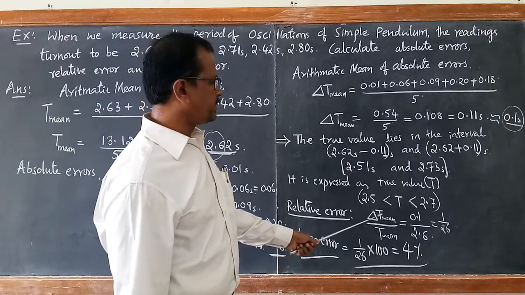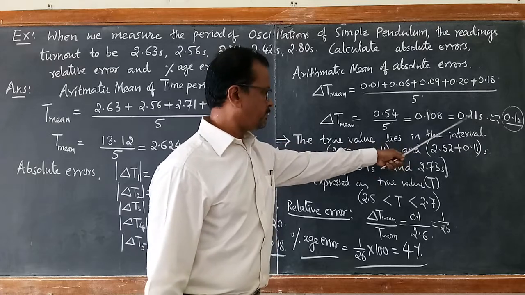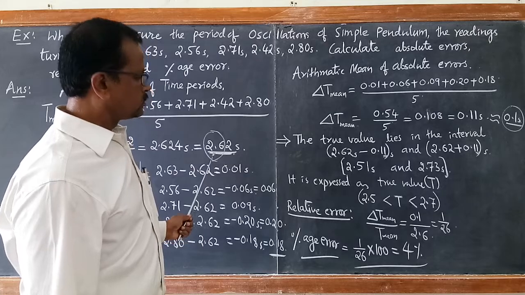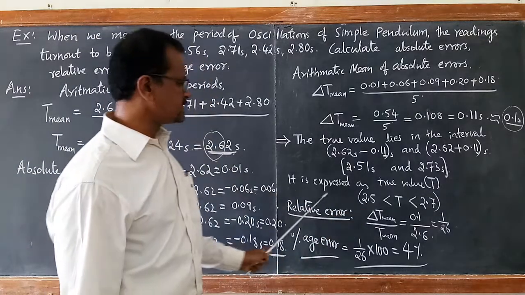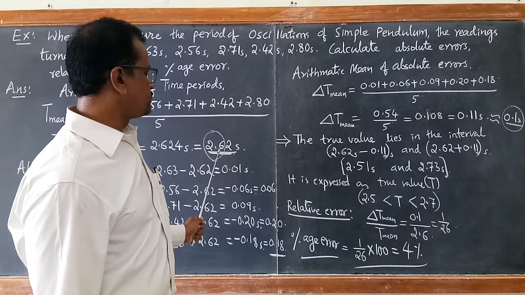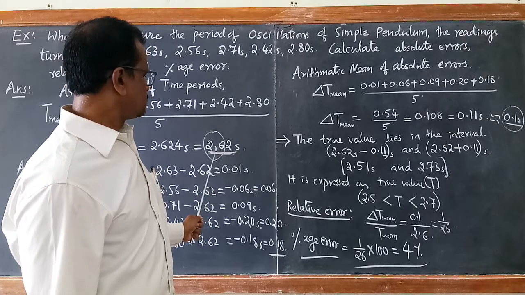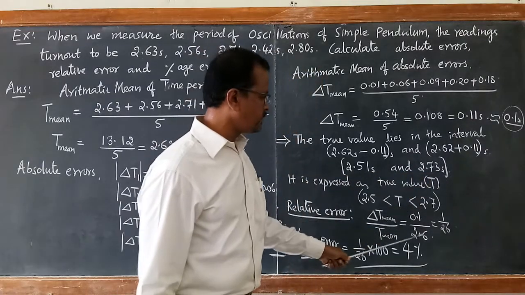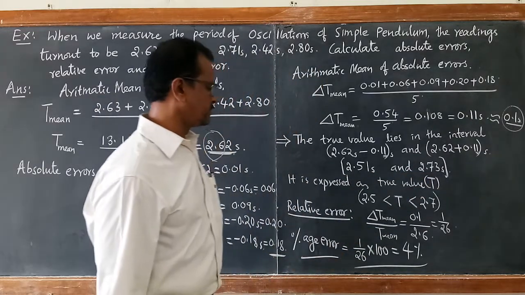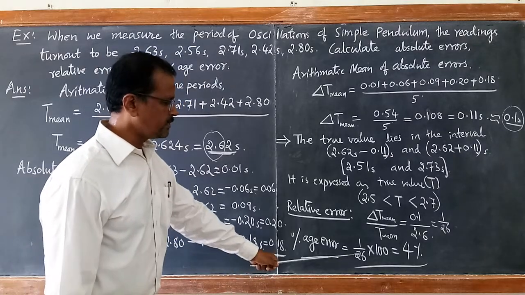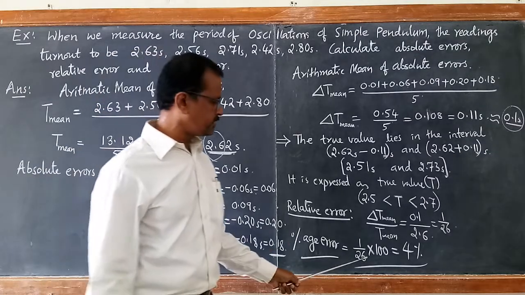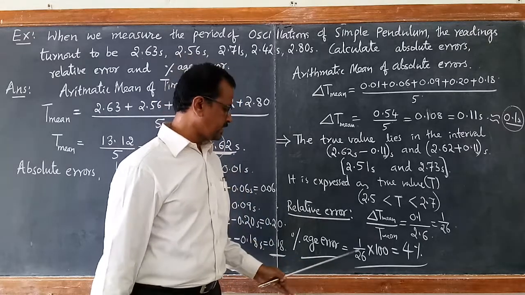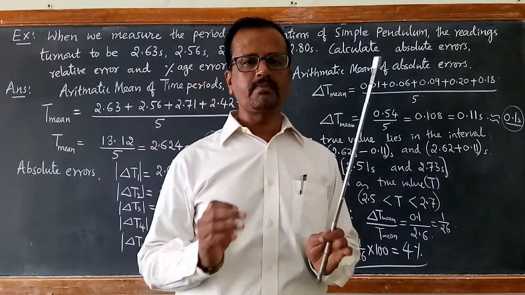Even if you take delta T mean as 0.11 divided by T mean as 2.62, the result will be almost the same. Restricted to first decimal, 0.1 divided by 2.6 is 1 by 26. Almost you can take 1 by 25, nearly 4%. It is a little less than 4%. So the percentage error is 4%.